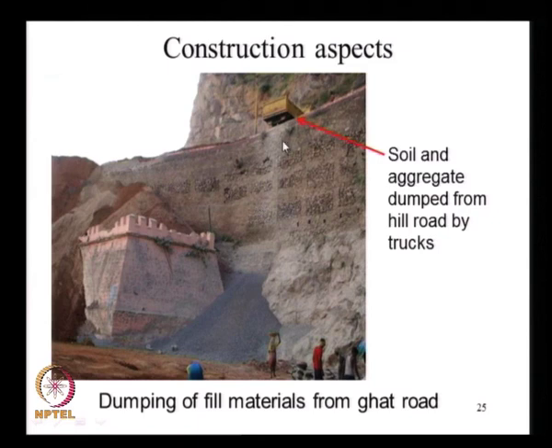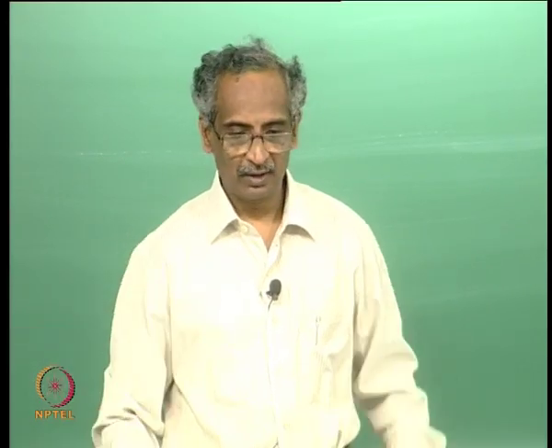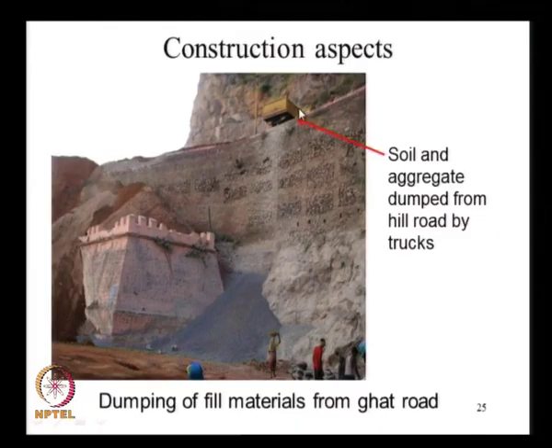And because of the difficulty of bringing the soil directly into the construction site, it was dumped from the ghat road. It's the ghat road, as you have seen in the very first slide, which already exists, and all these lorry loads of material were taken to the top of the hill and dumped from the top, and here you can see this lorry dumping the stone aggregate.